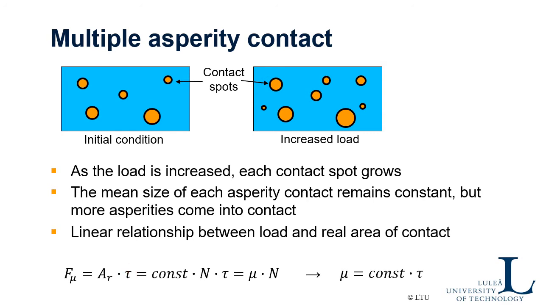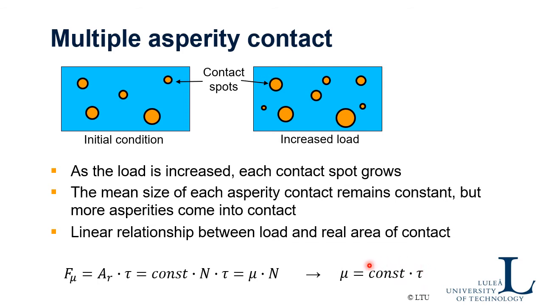And since we know that the real area of contact is linearly proportional to the load, that means it's a constant multiplied by the normal load multiplied by the shear strength of the contact. And then you can see that you can put the constant multiplied by the shear strength as the mu, actually. So mu is the constant multiplied by shear strength.